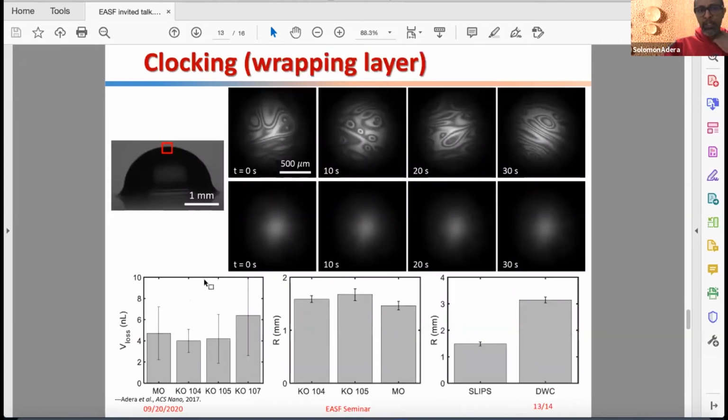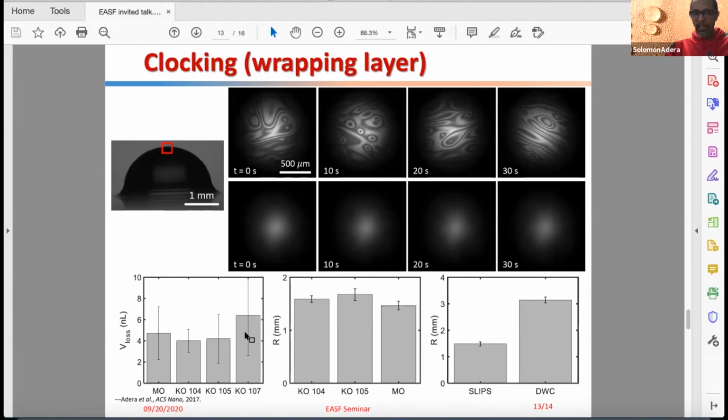And the last thing that I want to show is that there is some concern that the oil loss is due to oil spreading on the droplet. To answer that, we used two different oils: mineral oil and Krytox oil. Krytox oil spreads onto the water droplet due to the positive spreading coefficient, and mineral oil doesn't spread on the surface of the droplet. In this experiment we showed there is indeed a spreading layer on Krytox, but not on mineral oil.